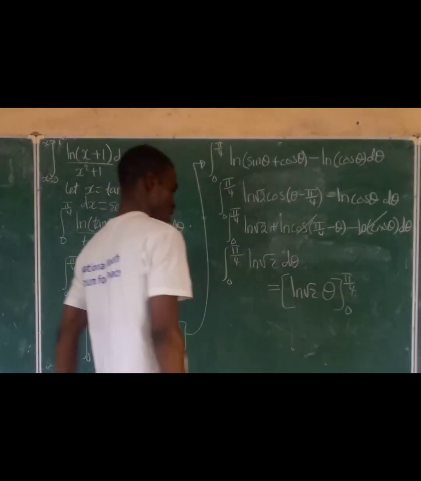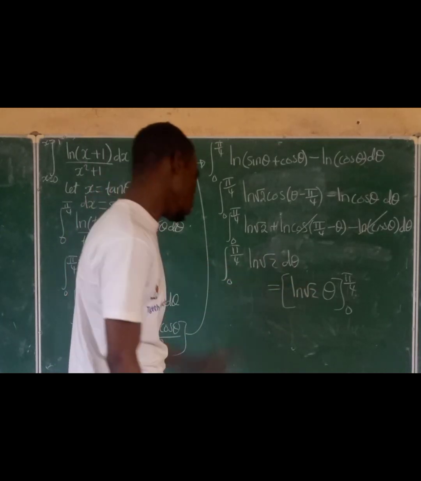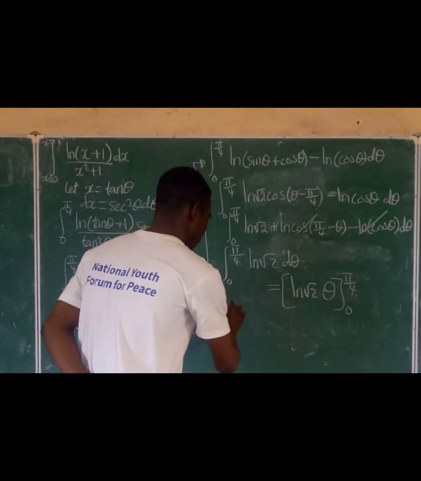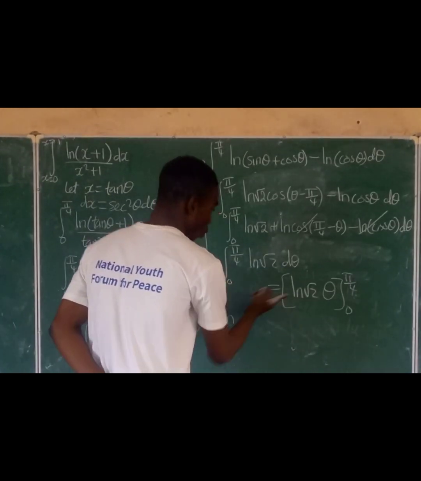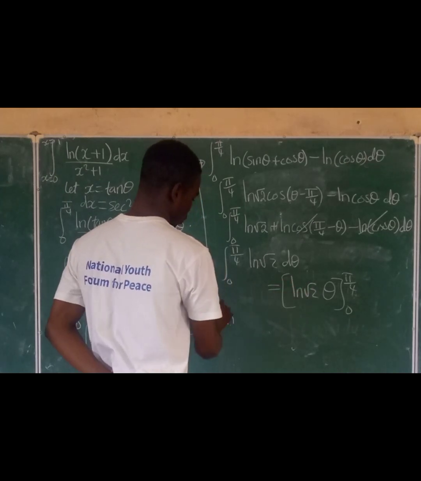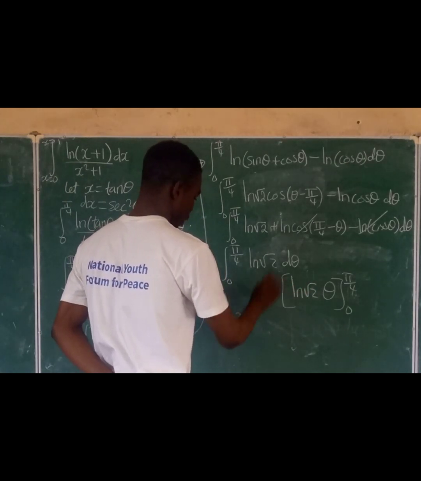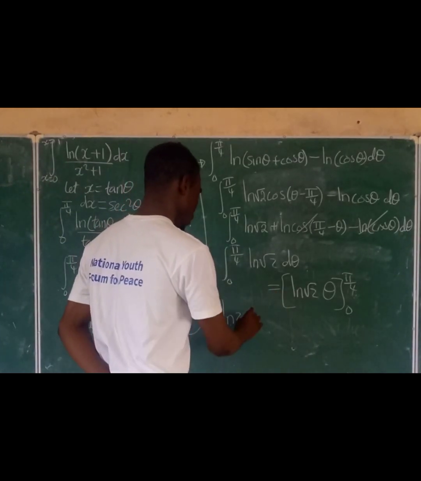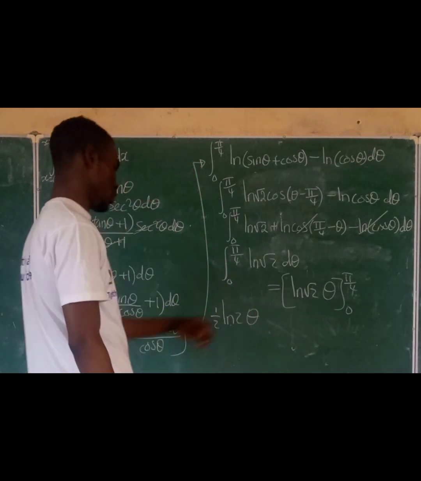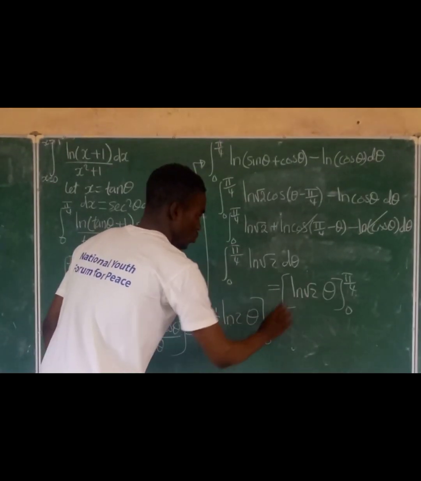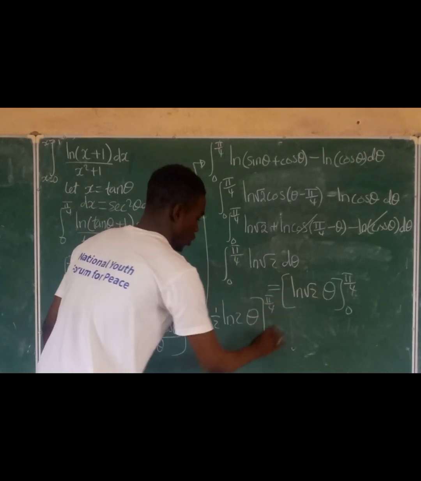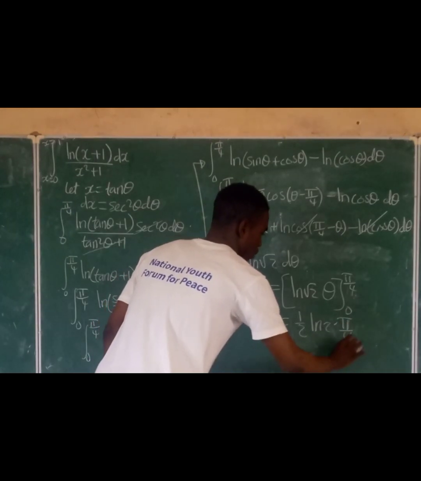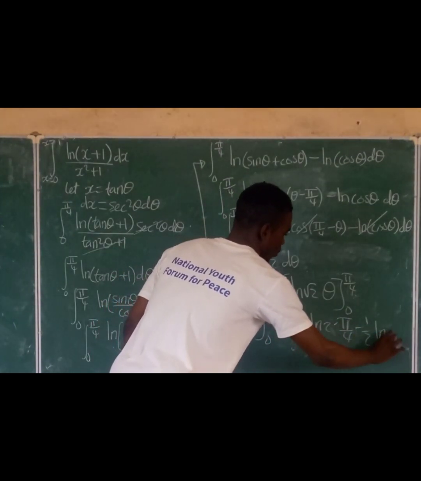I can look at ln of root 2 as 1/2 times ln of 2, right? So it's 1/2 ln 2 times theta, and it now goes from 0 to pi over 4. So I'm just going to have 1/2 ln 2 times pi over 4 minus 1/2 ln 2 times 0.